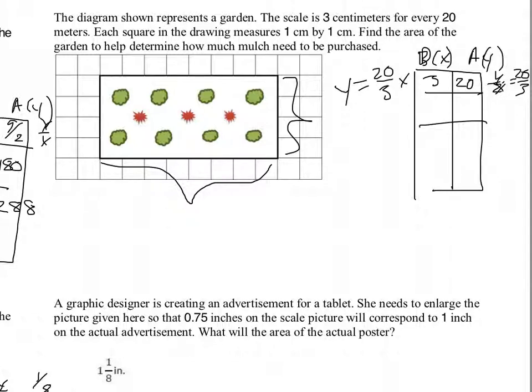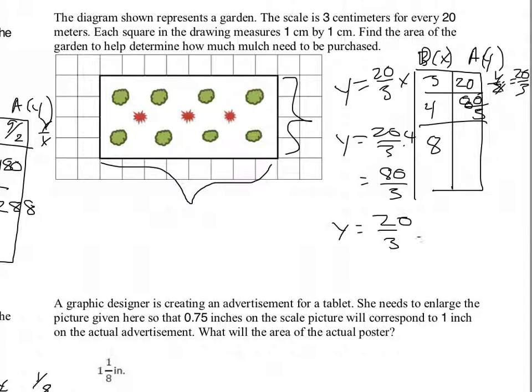And we've got 4 centimeters and 8 centimeters. Y is equal to 20 over 3 times 4. This is going to be 80 thirds, and I'm going to leave this as a fraction because I know I'm going to end up finding the area here in a second. Y is equal to 20 over 3 times 8. Same deal.